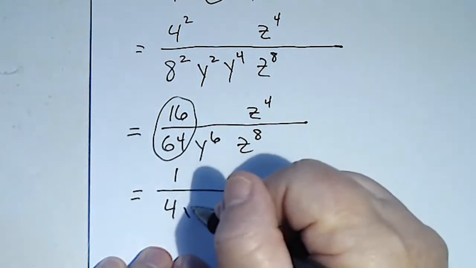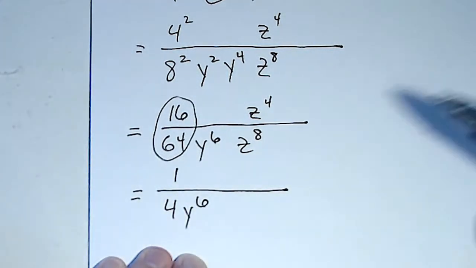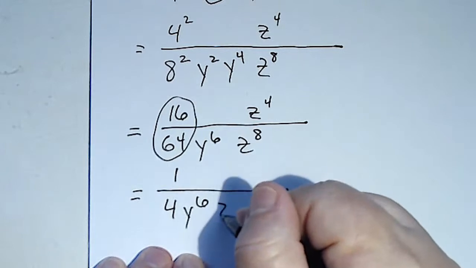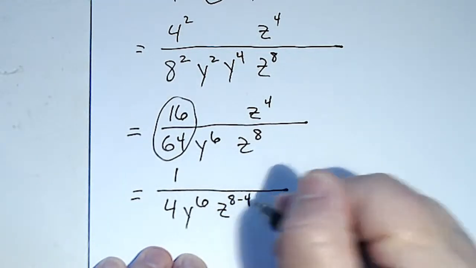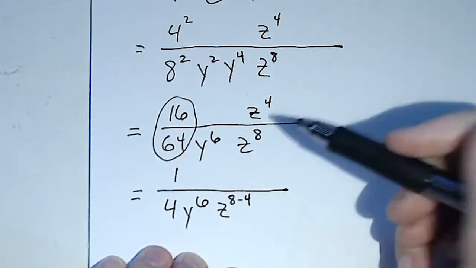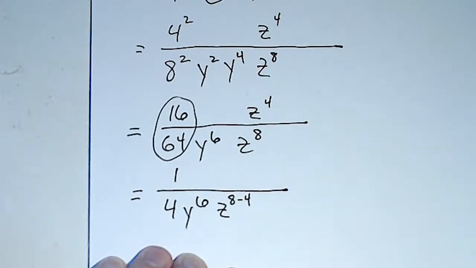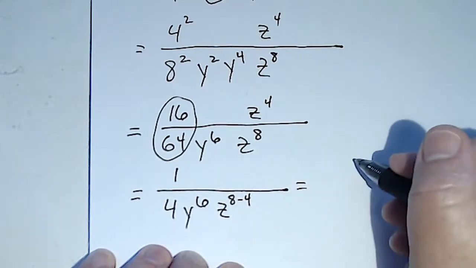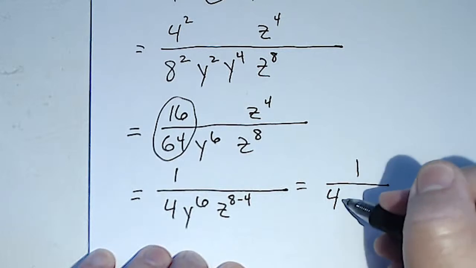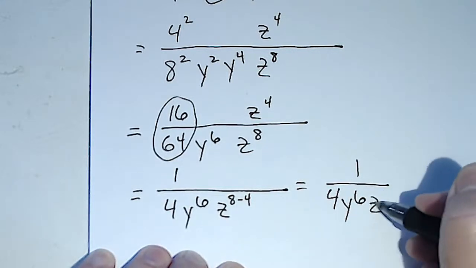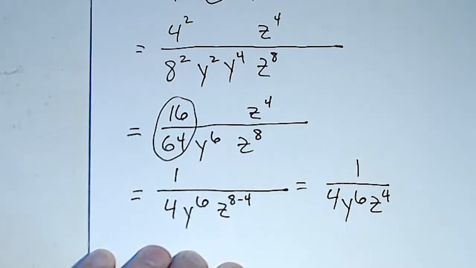And then the y to the 6th doesn't have any friends to cancel with. Now the z's, there are more of them downstairs. I'm going to take the 8 that were downstairs and subtract the 4 that I'm moving. And I end up with 1/4 y to the 6th, z to the 4th.